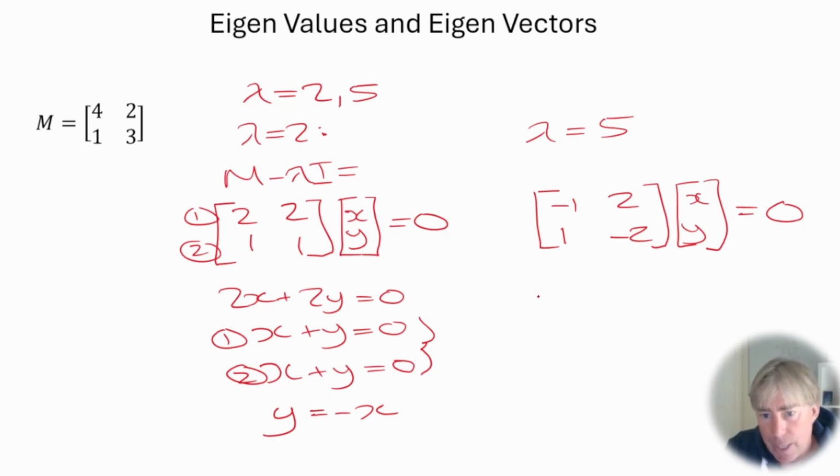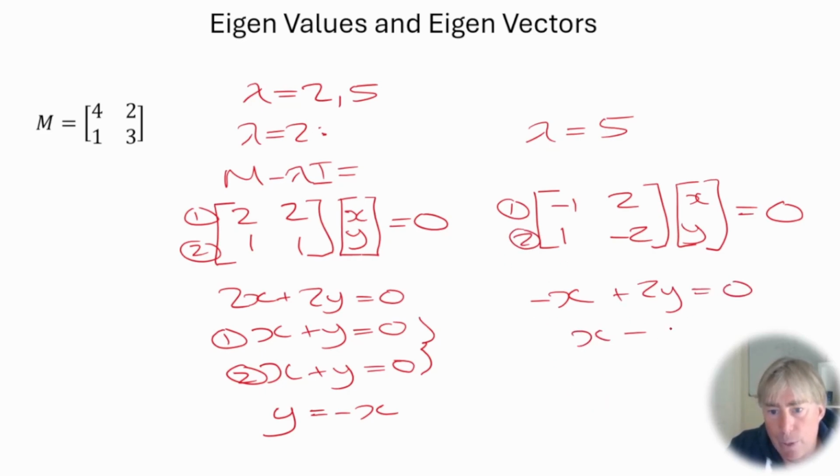And if we multiply this out, I get negative x plus 2y equals 0, this is our first one again. And our second one is going to be x minus 2y equals 0. So actually they are multiples of one another. We can basically multiply the bottom one by negative 1 and it becomes equal to the top one.